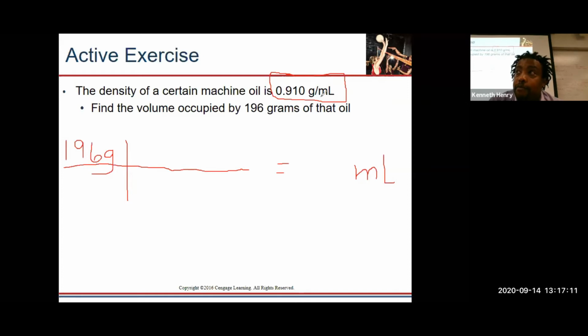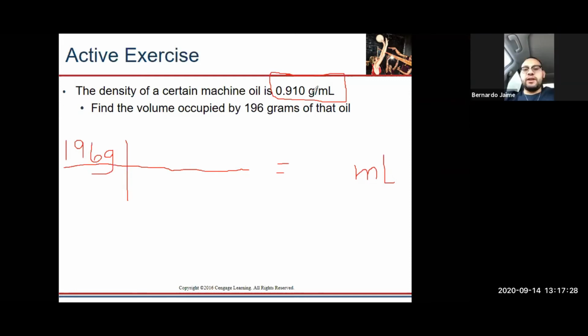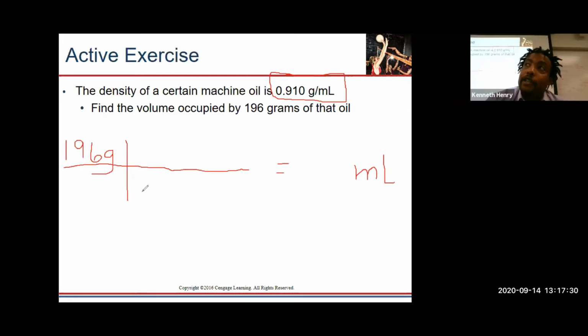This is our equivalency boxed up here. You don't know? Look at it. It says 0.910 grams divided by milliliters. So if I put this at the bottom, right?